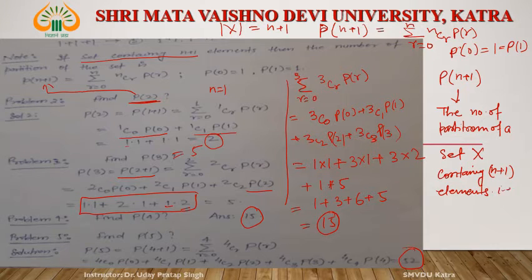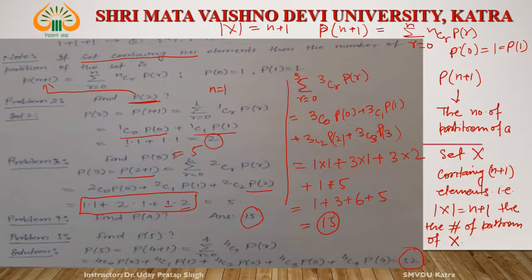That is, if the cardinality of X is n plus 1, then this hash denotes the number of partitions of X, right? And this is the general formula, right?